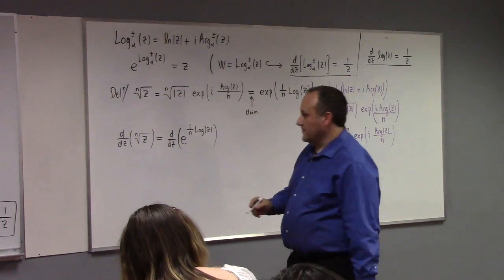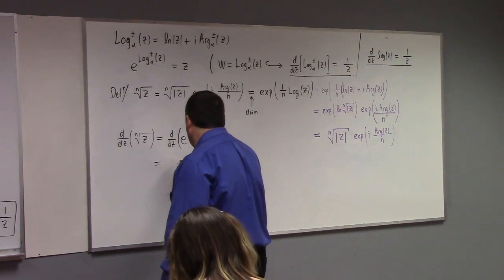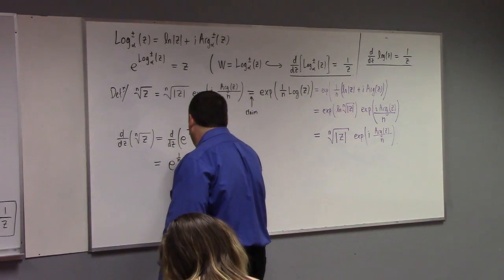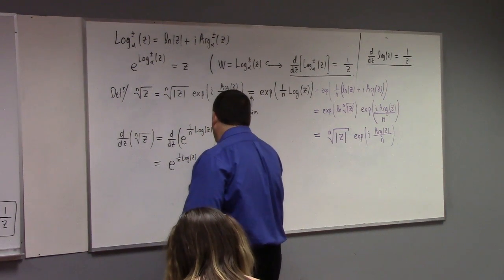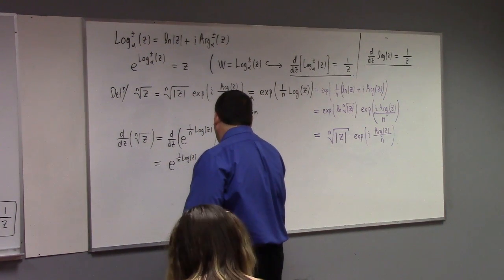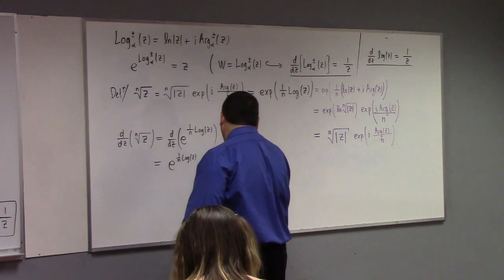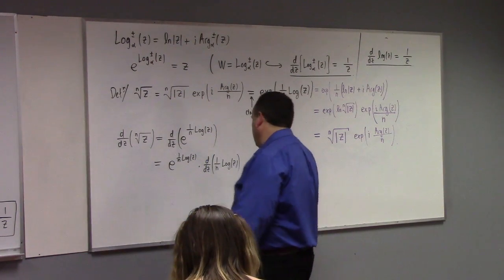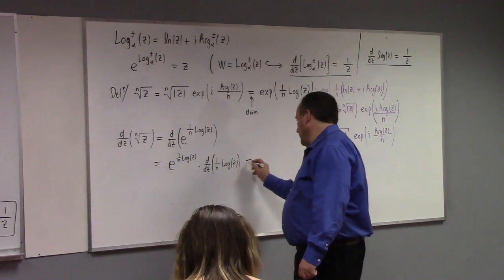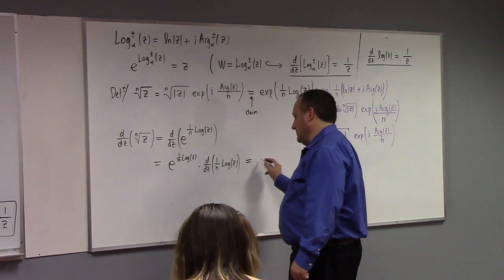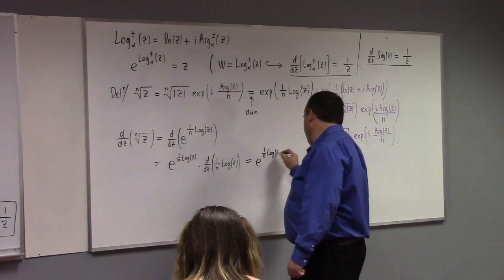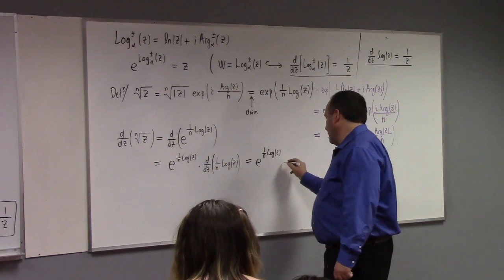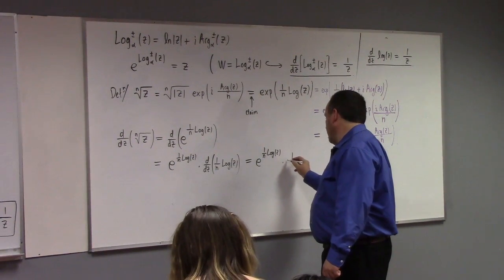Which then by the chain rule is e to the (1/n) log z times the derivative with respect to z of (1/n) log z. But that is equal to e to the (1/n) log z times 1 over n z.